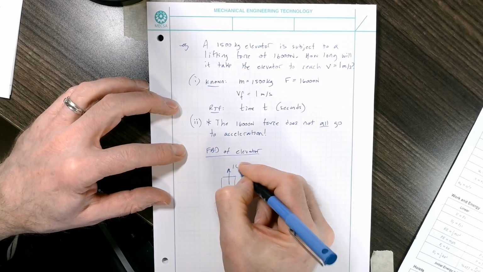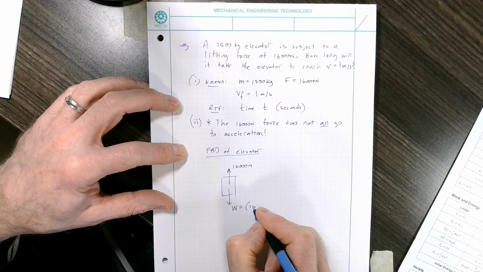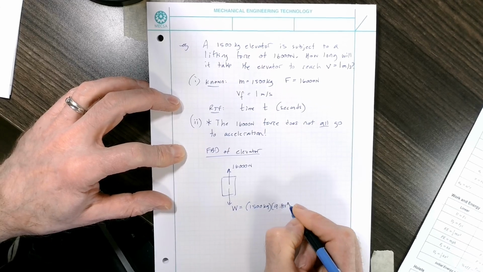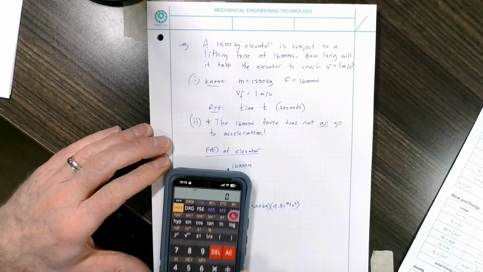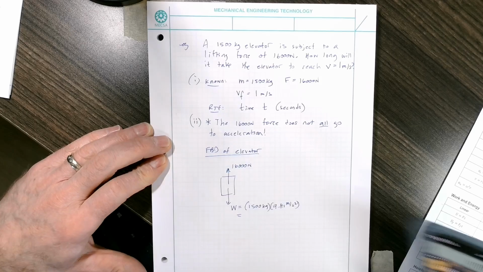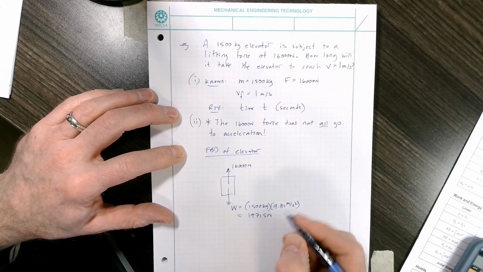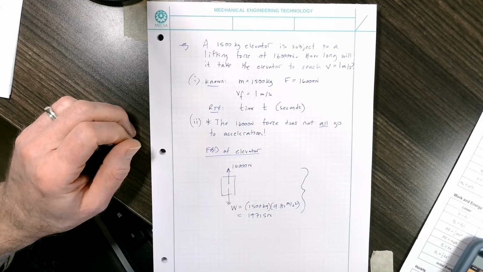So here's 16,000 newtons, sure, but the weight is 1,500 kilograms times 9.81 meters per second squared. The weight is 14,715 newtons.